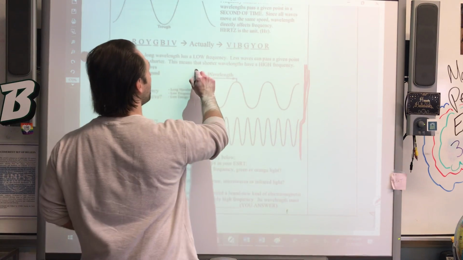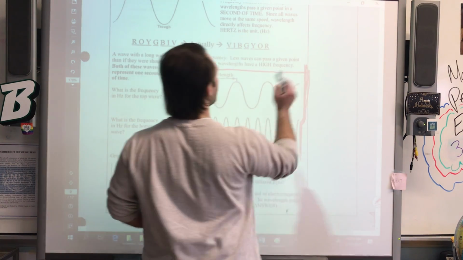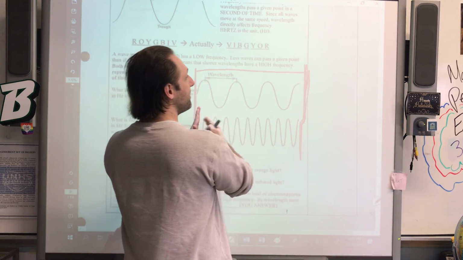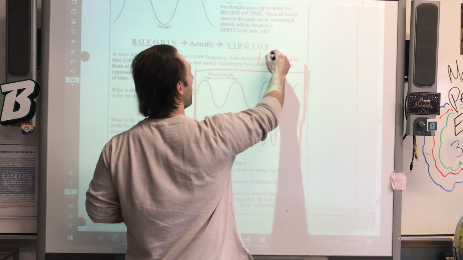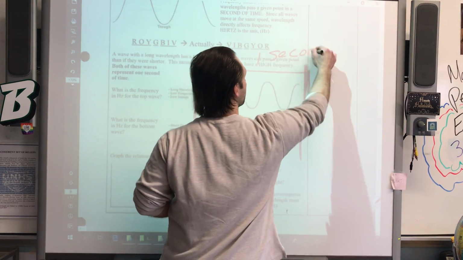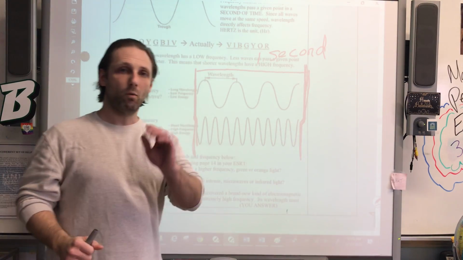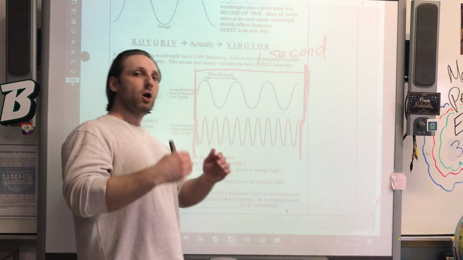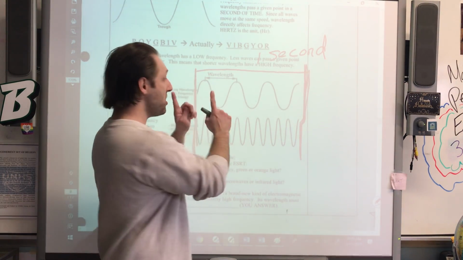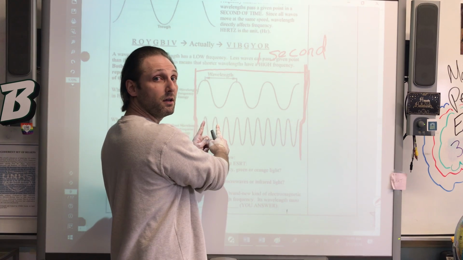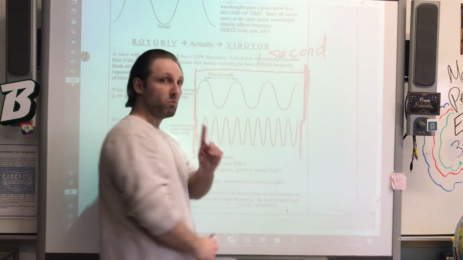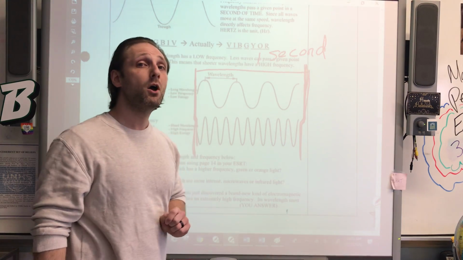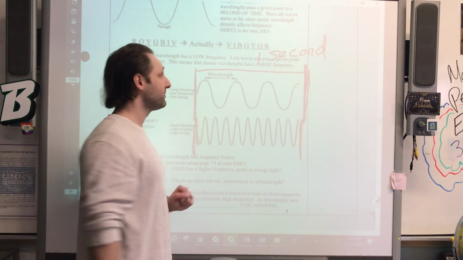So instead of it being a distance measurement, this distance can be traversed by light in 1 second. Why did I pick 1 second? Well, hertz is the number of wavelengths that can cross through a place in 1 second. So for this example, we are saying 1 second.